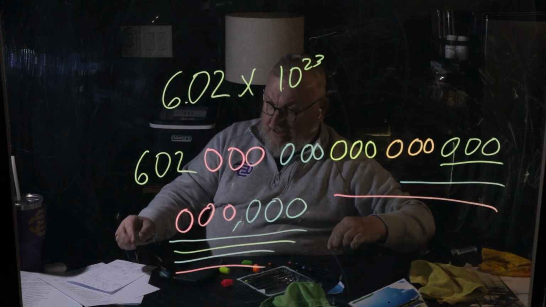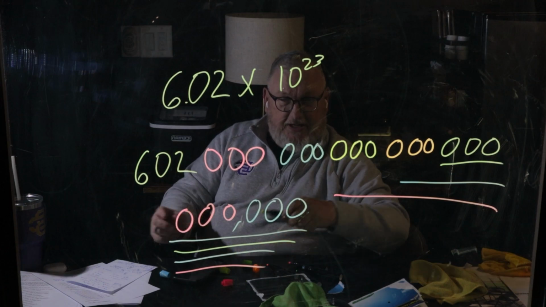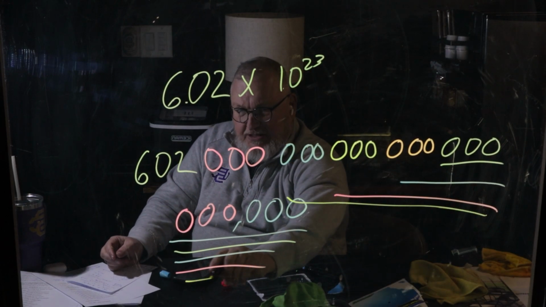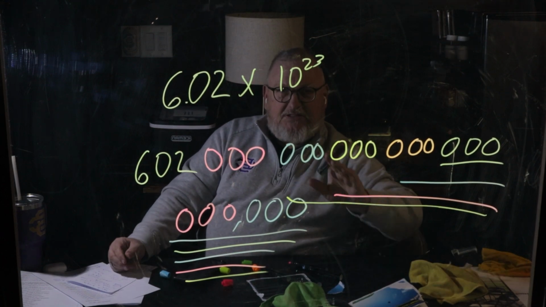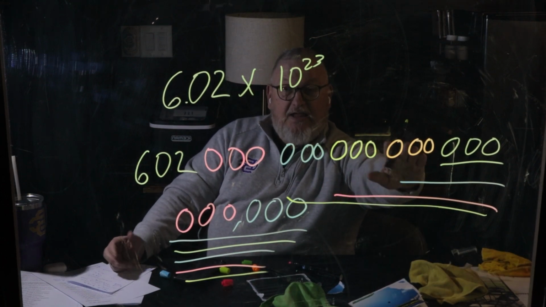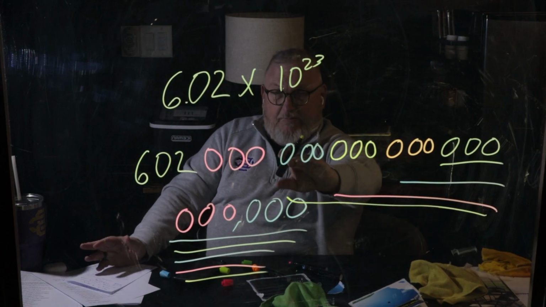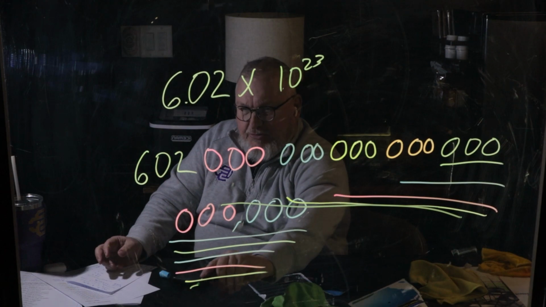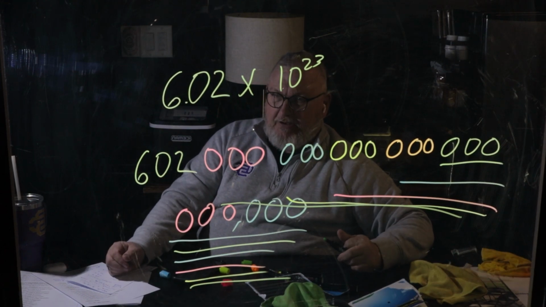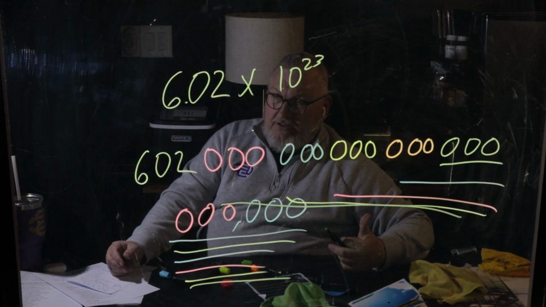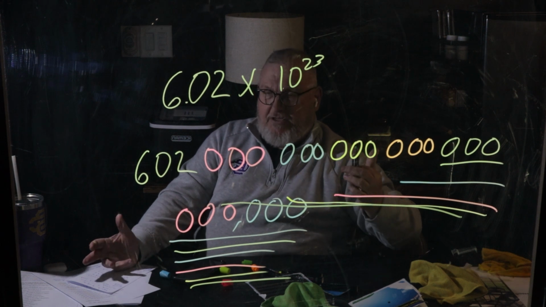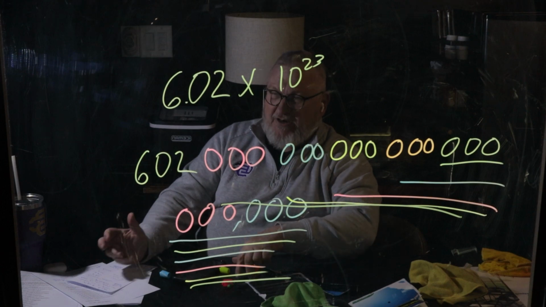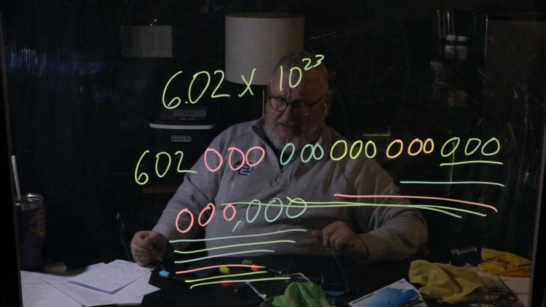A quintillion is 18 zeros. And then this would be a sextillion or septillion. So that's 602 septillion zeros after this, the 602. That's a whole bunch of things, right?